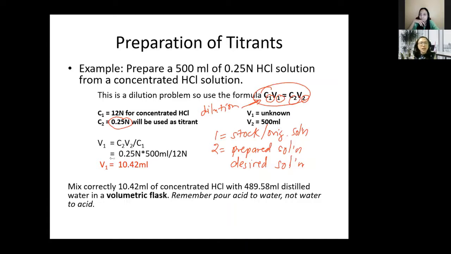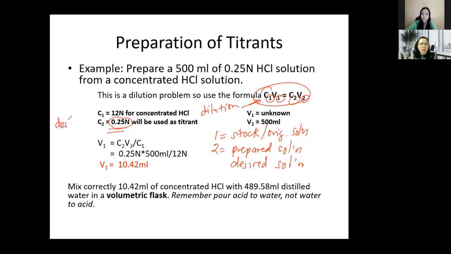Depende sa gusto ni client or depende sa tingin ninyo kung ang inyong sample ba is nasa macro scale, nasa micro scale ba siya, or nasa nano scale ba, kung sobrang liit na nung iyong desired. Okay? So sa ating experiment naman, ang ating gagawin is we want to prepare 0.25 normal.